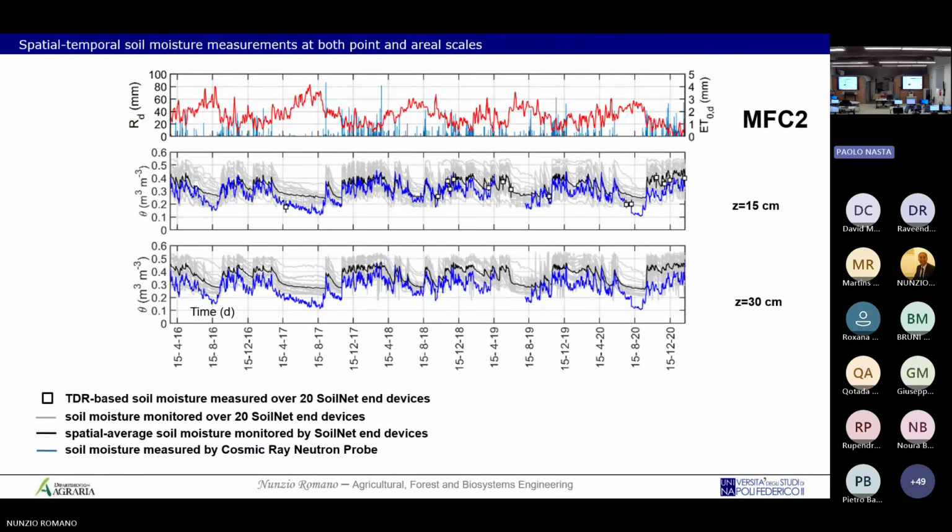Basically, sometimes we miss the data for malfunctioning, and we have so many problems in the field. For instance, we have to replace the batteries in the sensor units. The maintenance of these networks is challenging. Even the photovoltaic panels.